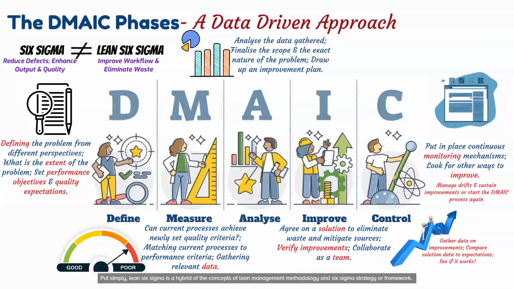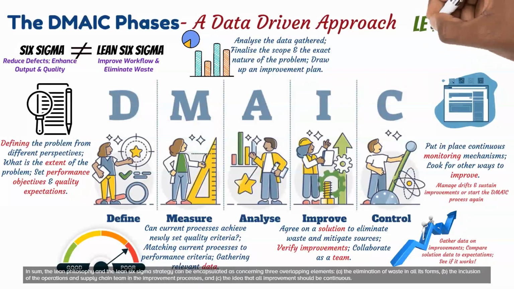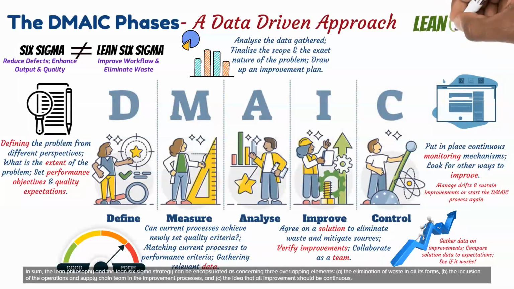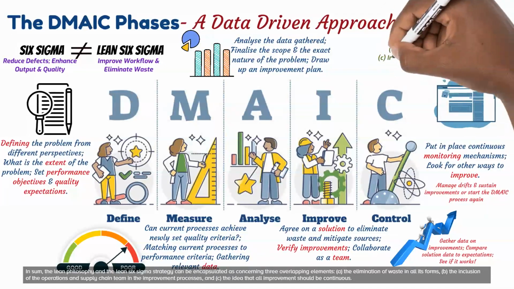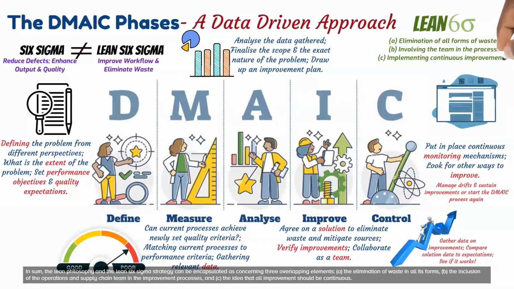Put simply, Lean Six Sigma is a hybrid of the concepts of lean management methodology and Six Sigma strategy or framework. In sum, the lean philosophy in the Lean Six Sigma strategy can be encapsulated as concerning three overlapping elements: A. The elimination of waste in all its forms, B. The inclusion of the operations and supply chain team in the improvement processes, and C. The idea that all improvement should be continuous.